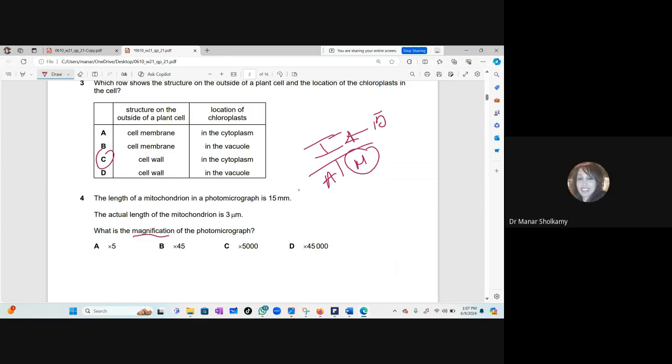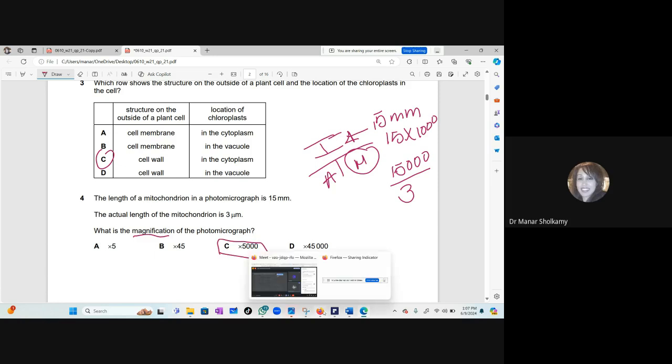Correct. And what is the value for I? Convert to micrometers, so multiply by 1000. Yes, 15 times 1000, and we will divide this over 3. And what will be the answer? Can you calculate that? 5000. Times 5,000.